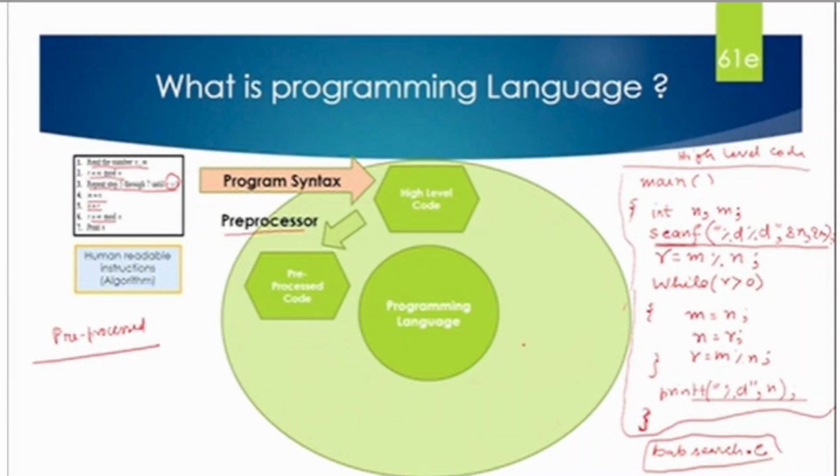and these shortcuts will be filled up by the actual code by this preprocessor, and it will create another file which will have a little more lines of code. Because if scanf is a shortcut, then it must have a few lines of code. So what the preprocessor will do, whenever it gets any shortcut in this high level code, it will replace it with the actual code.